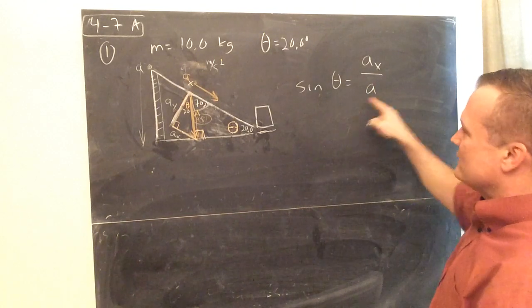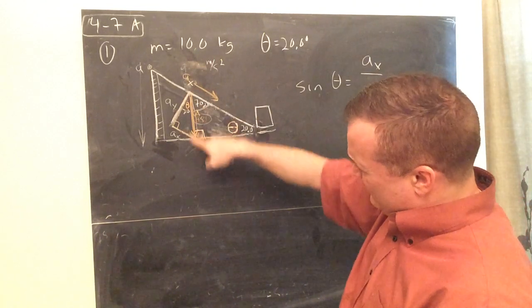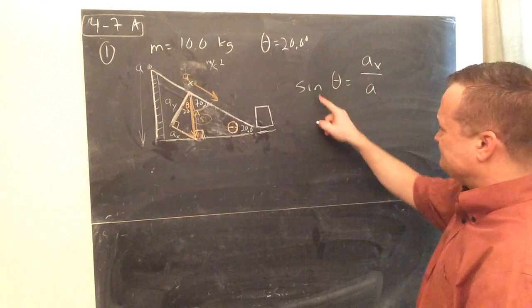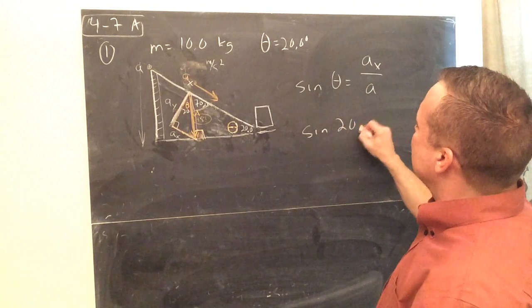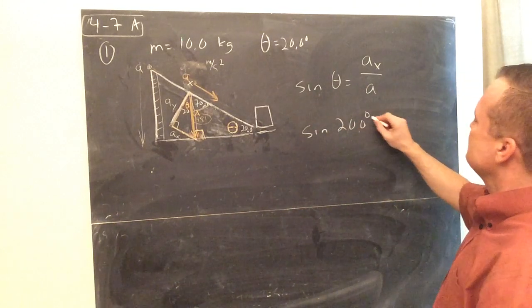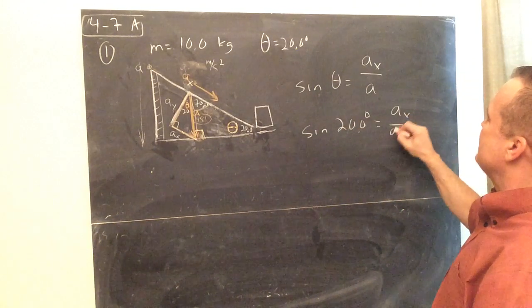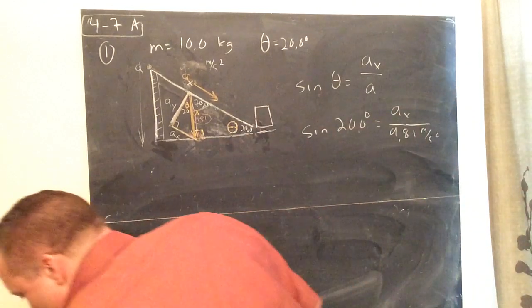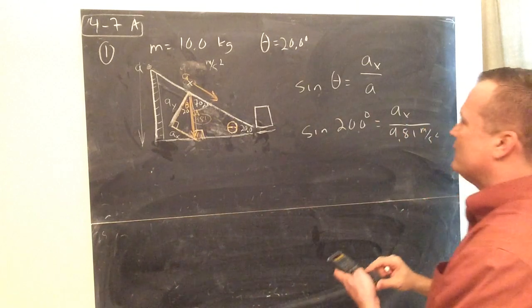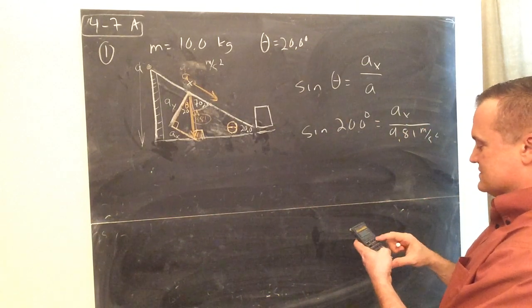Okay? Now, we're saying that A is the full acceleration of gravity, 9.81, and the angle is 20. So sine of 20 degrees equals AX over 9.81 meter per second squared. Now, this is not on the worksheet, but I wanted to show you this now.